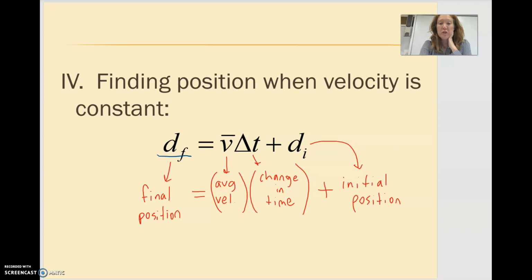So final position equals, and then you've got the slope of the line is the velocity. The x, remember, on our x-axis we have time, or change in time. Sometimes I forget to write the delta sign. And then plus where you started from. That's your y-intercept. So that's your initial position.